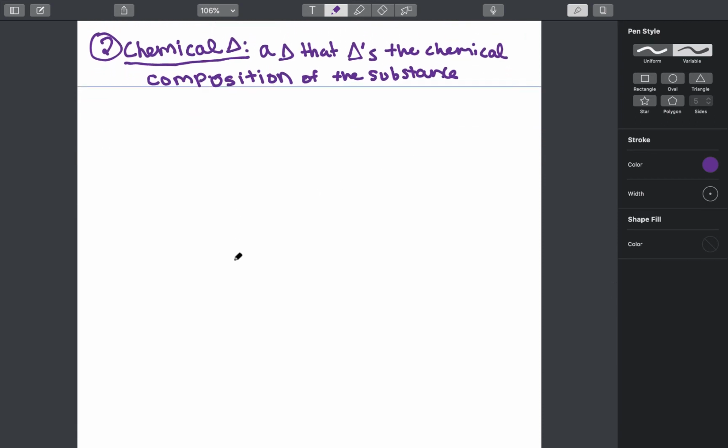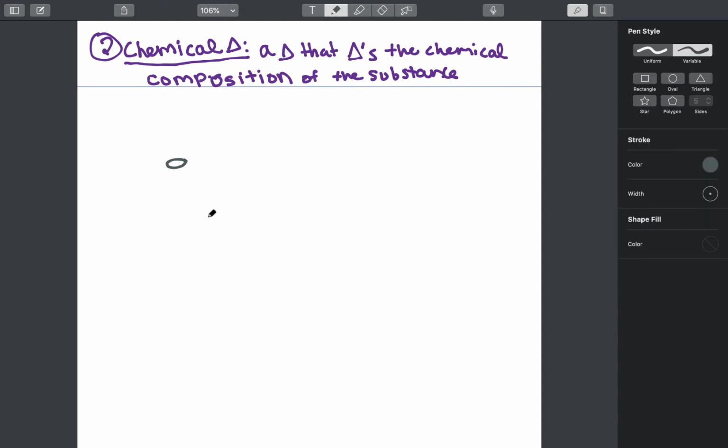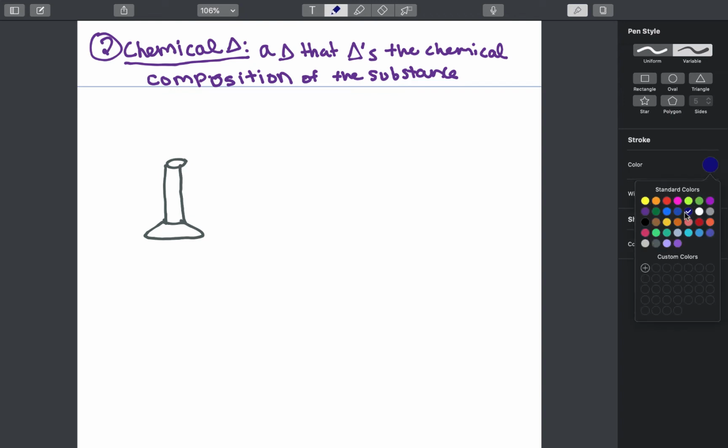A great example of a chemical change is what occurs when you use a Bunsen burner. You may have seen Bunsen burners on TV before or on different lab shows. All a Bunsen burner does is react with the help of some fire or a match. We'll discuss in Gen Chem 2 why you need a match to set a fire.